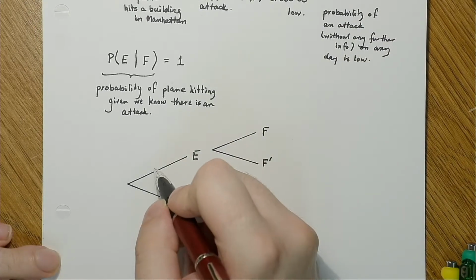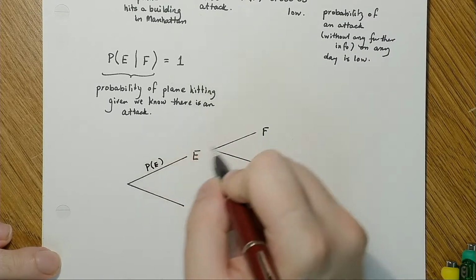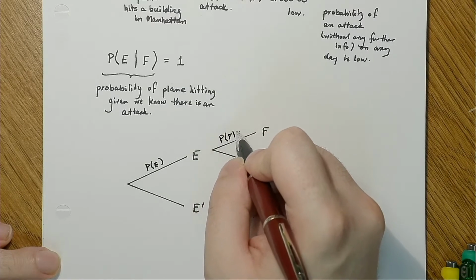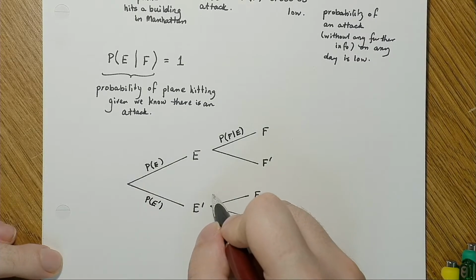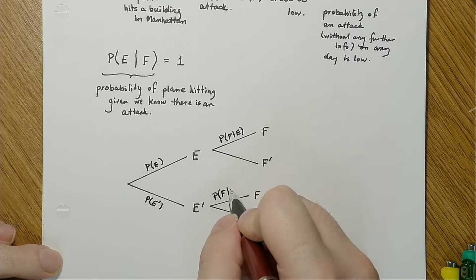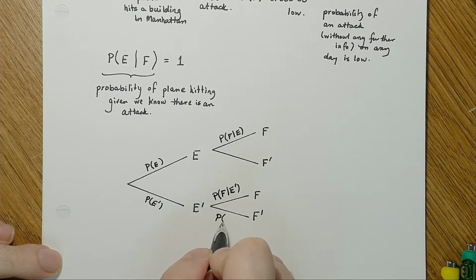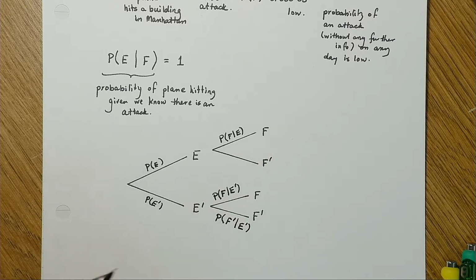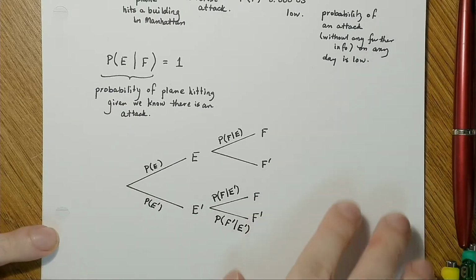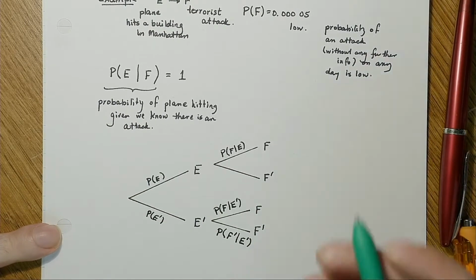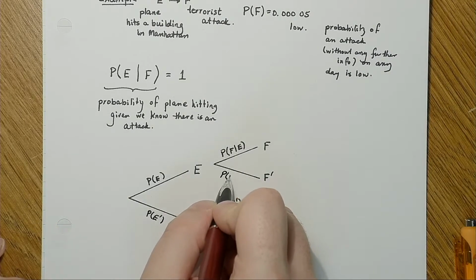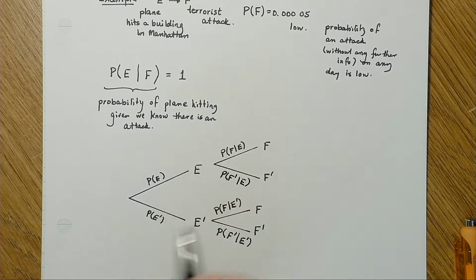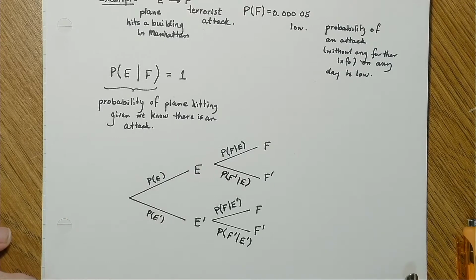So over here, here's the probability of E, here's the probability of F given E, here's the probability of E complement, here's the probability of F given E complement, over here the probability of F complement given E complement. Okay. So now I can start to add in my information. Oh, and I forgot to label over here. All right.